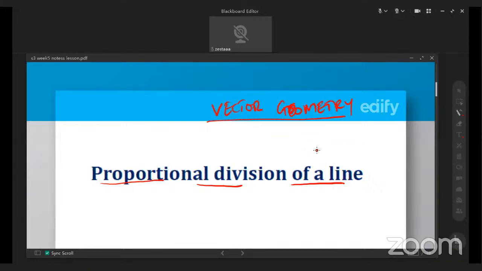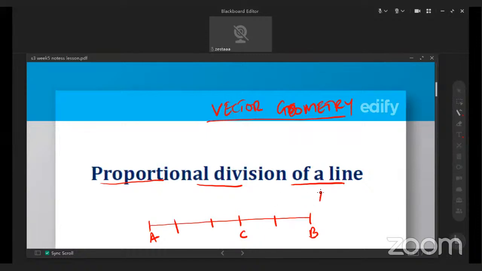Now, when we talk about proportional division of a line, we are looking at a line where you have 2 points, A and B, and maybe another point C in the middle, and this line is being divided up into different parts. How do we come up with the ratios?